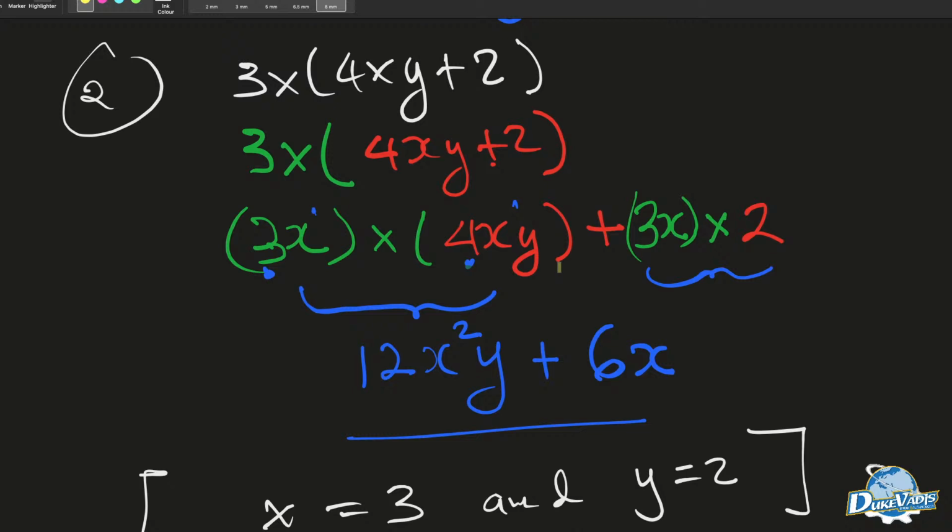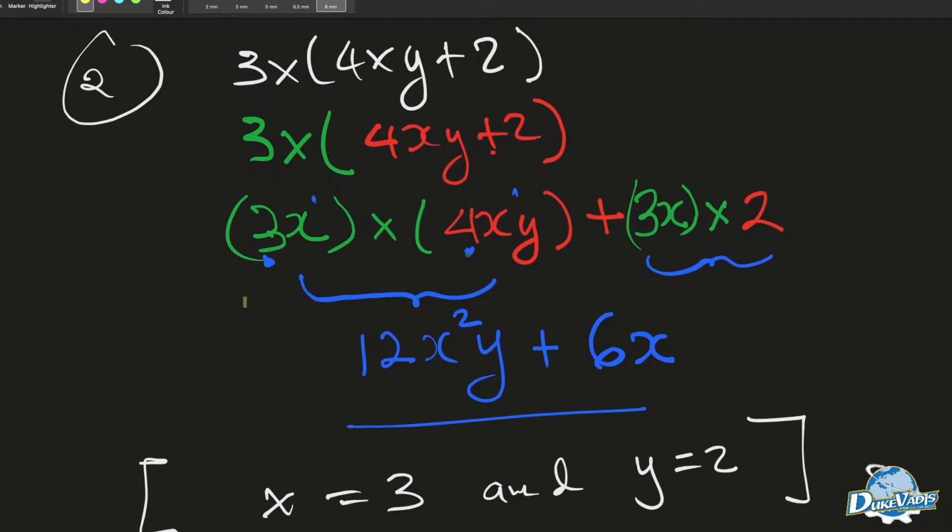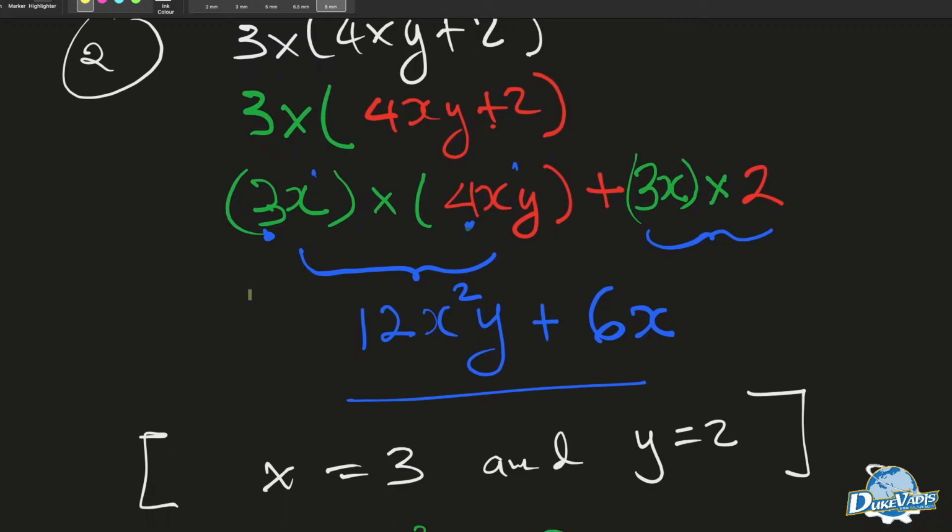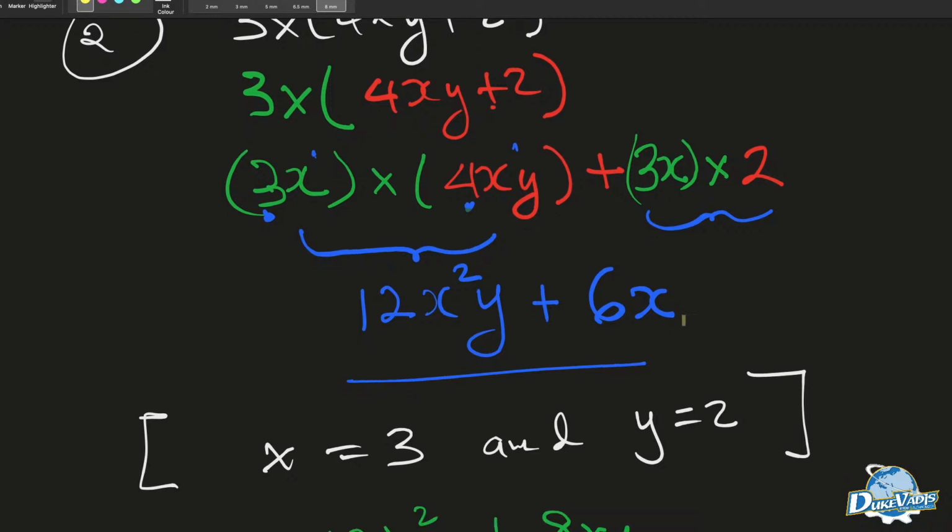Okay, and after that, we took our time to multiply them individually. So this 3 multiplied by 4, we had 12. Okay, x multiplied by x, that gives us x squared, and we have y. So 12x squared y plus 3 times 2. Okay, so this 3x times 2, that gives us 6x.